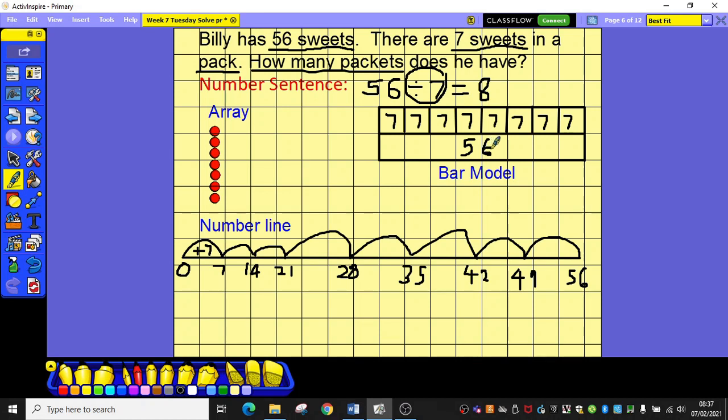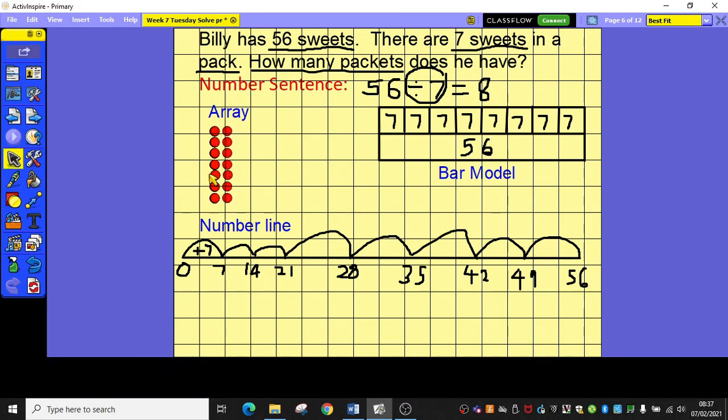And just because it's important, let's just see what that would look like as an array. We've got 3 lots of 7, 4, 5, 6, 7. Whoops, looks like we've just got 6 in there, so let's just copy 2 more of those.